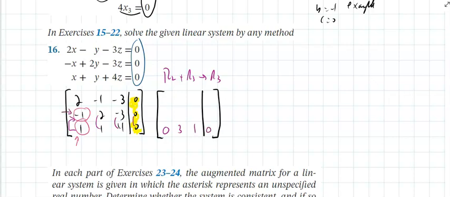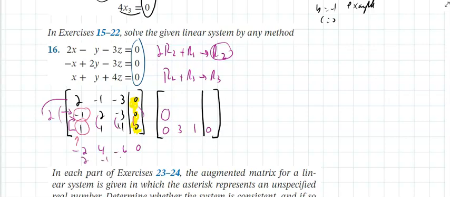Now to make that a 0, I'm going to take row 2, multiply it by 2, add it to row 1, and put the result in row 2. Notice I'm multiplying this by 2, adding it to that row, but the result is going to be right there, and that's going to give me the 0 that I want. So if I multiply row 2 by 2, that will be -2, a 4, a -6, and a 0.